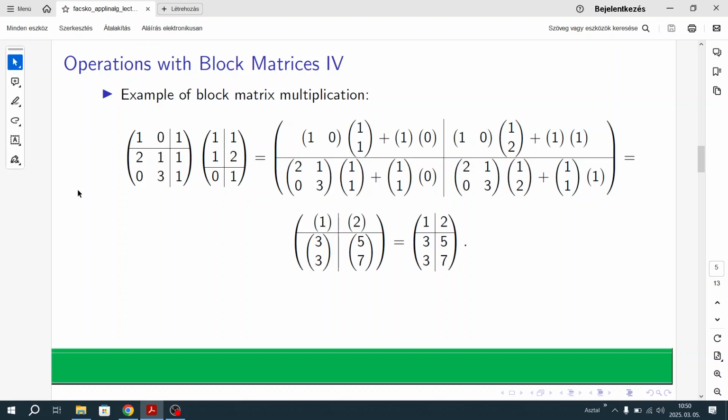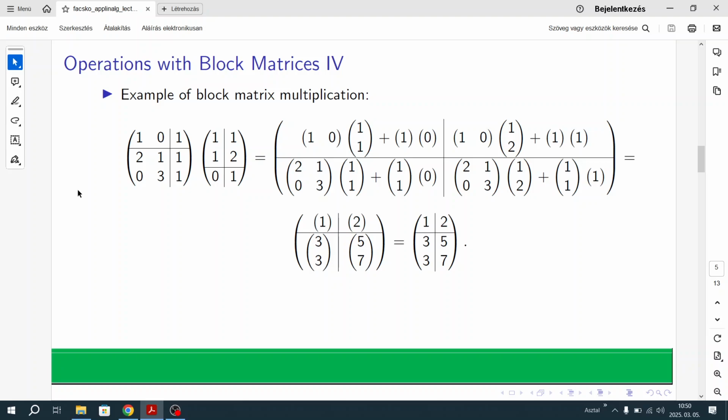It means each element is the scalar product of the appropriate row of the first matrix and the appropriate column of the second matrix. That's true, just I never said this.